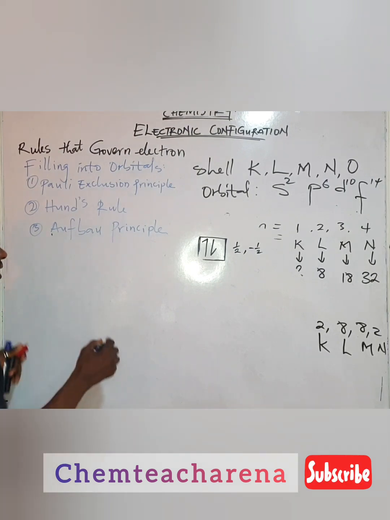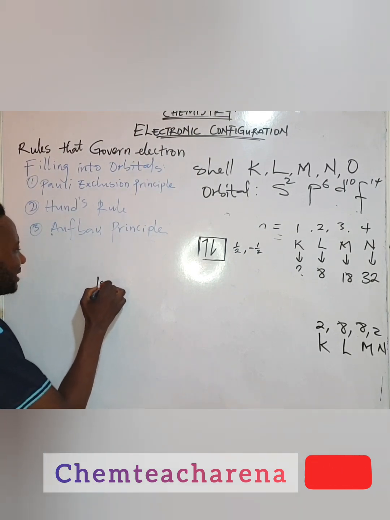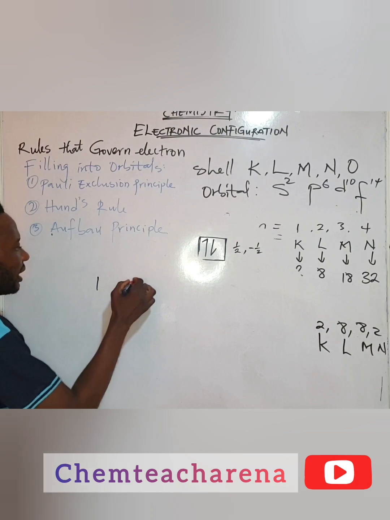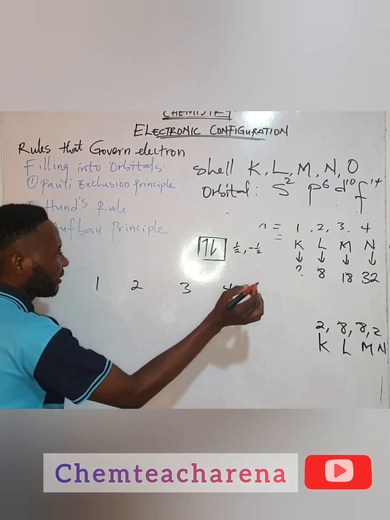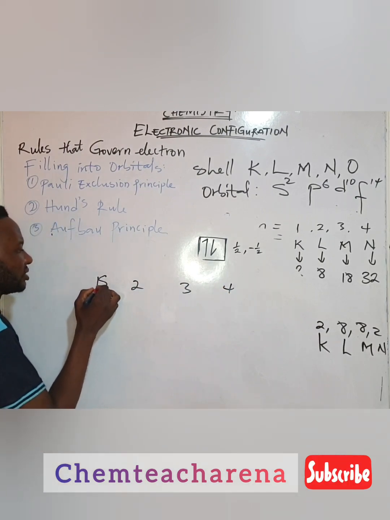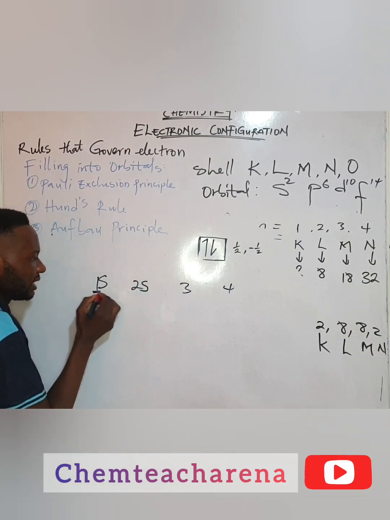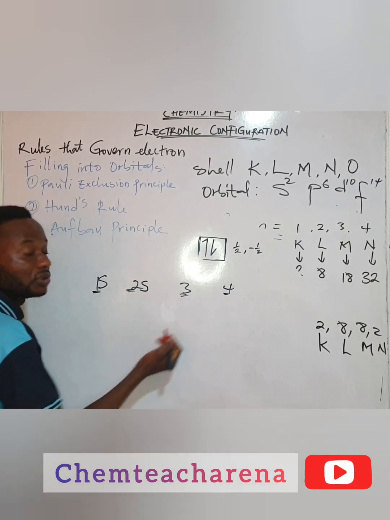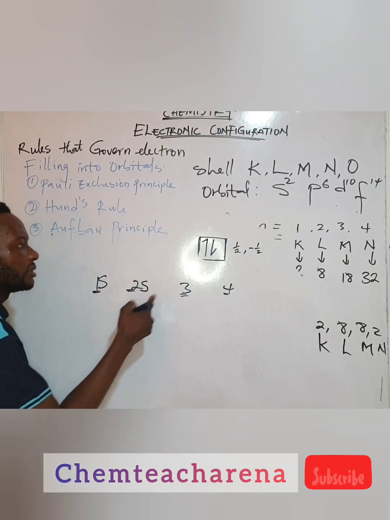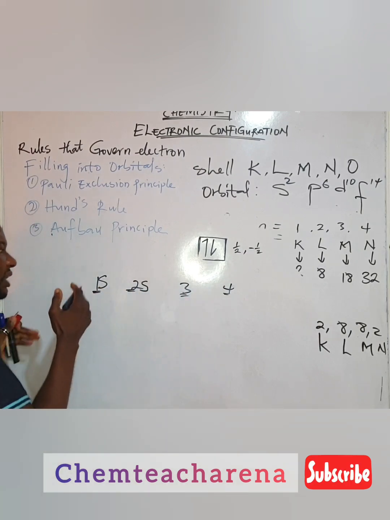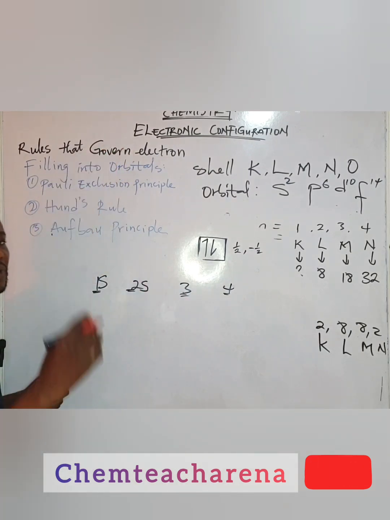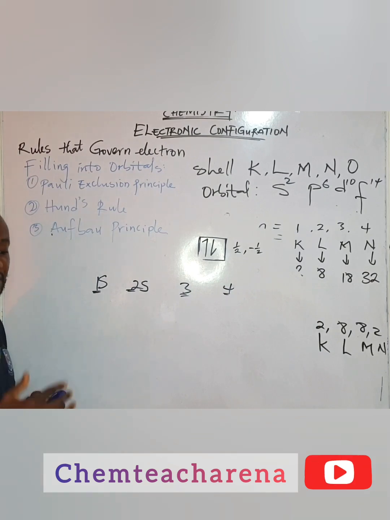What that means is that we have 1s, 2, 3, 4, and so on. So 1s should be filled before 2s. This is the energy level. Do you understand now? You fill the lower energy level before you fill the higher energy level. That is what the Aufbau principle states.